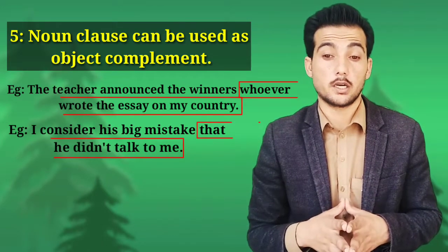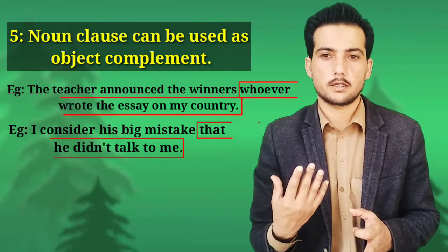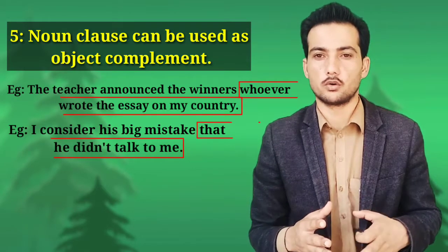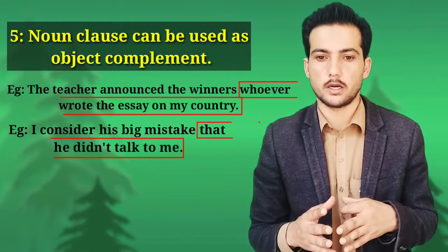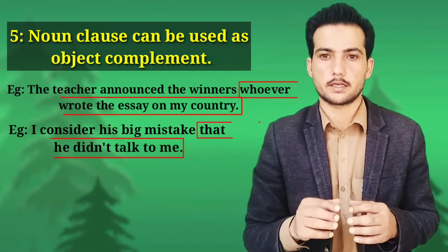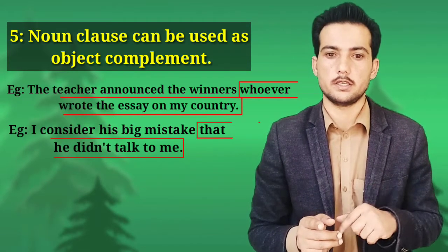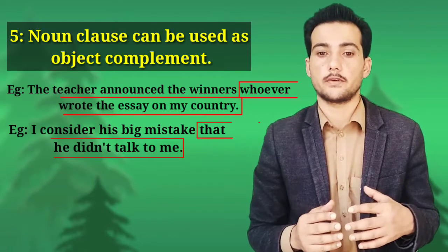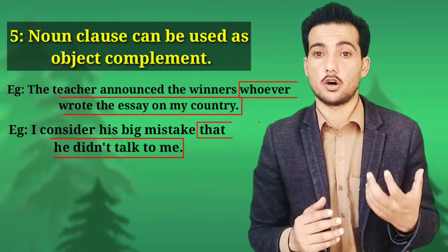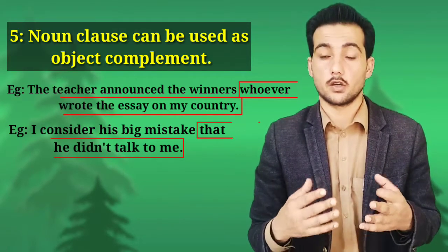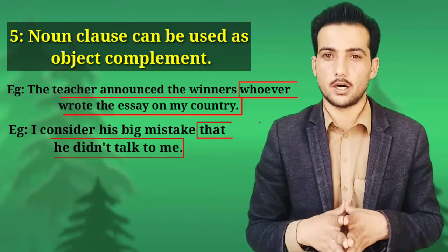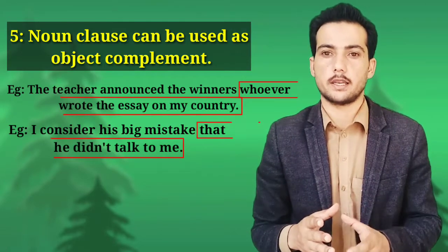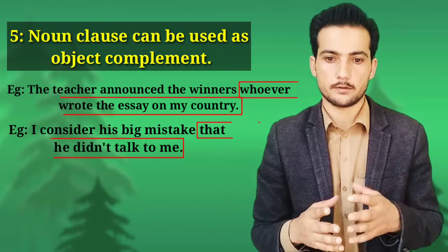That he did not talk to me. So it gives us more information about the object, that is mistake. That is why it is a noun clause, because it consists of a subject, that is he, and after that a verb, the auxiliary did not. It is a group of words, so it is a noun clause, and here it functions like a complement of an object.